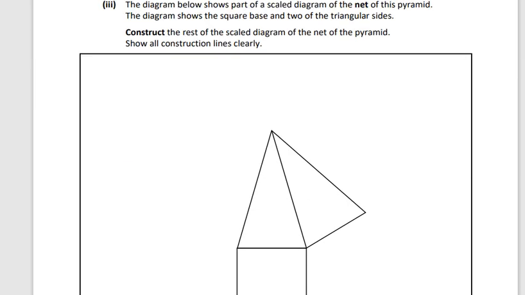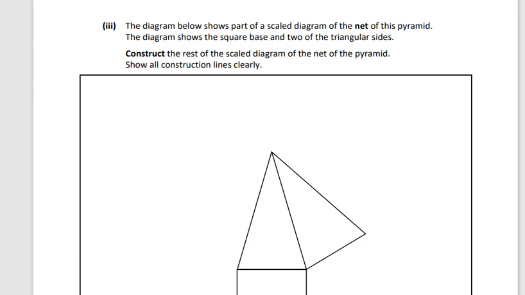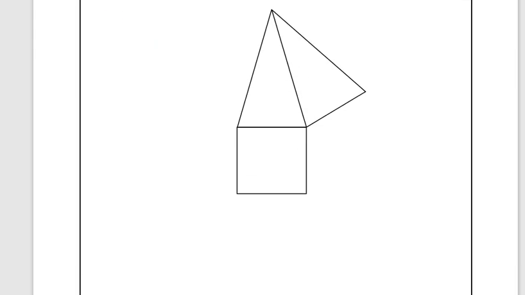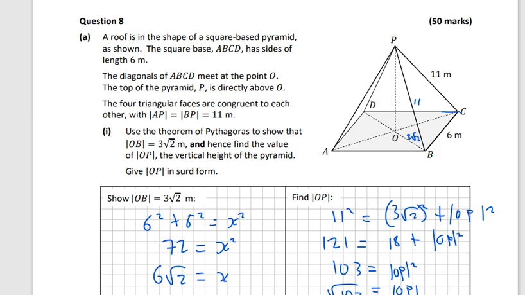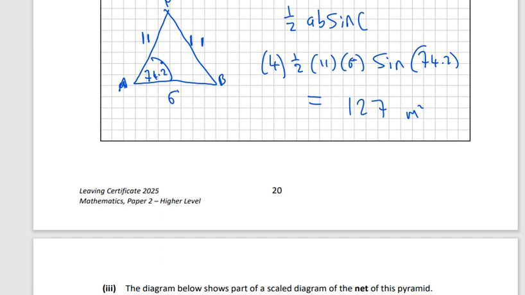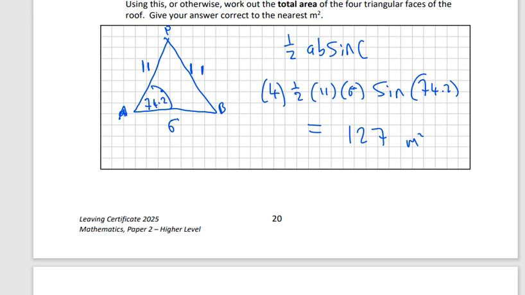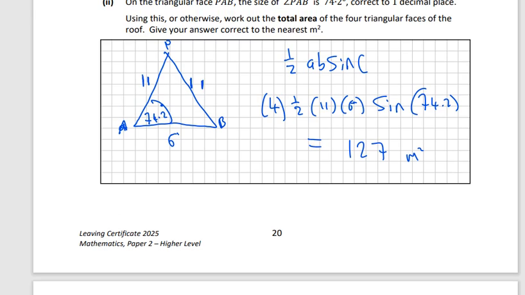Right, so we just need to complete this net here. So it shouldn't be too difficult. Now, we know that the angle in it is 74.2, bottom of it of the triangle.